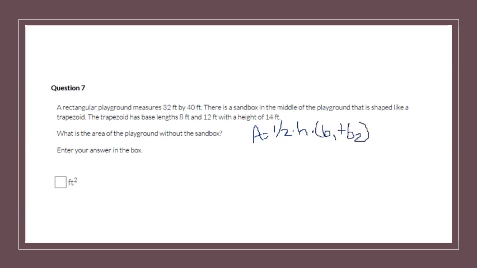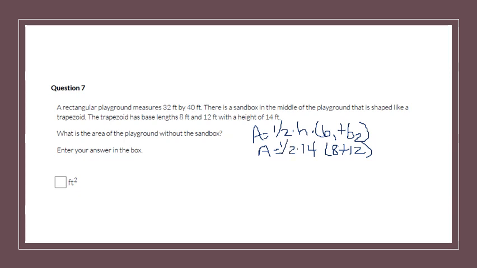Okay, a rectangular playground measures 32 by 40 feet. Okay, there's a sandbox in the middle of the playground that is shaped like a trapezoid. The trapezoid has base lengths of 8 and 12 and a height of 14.